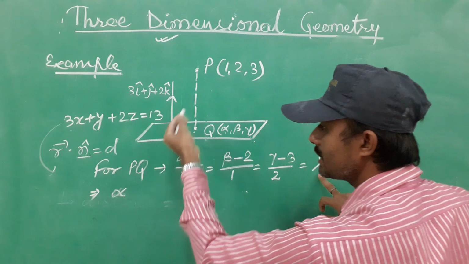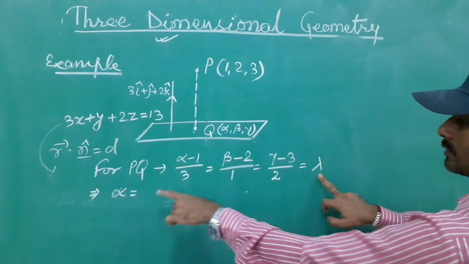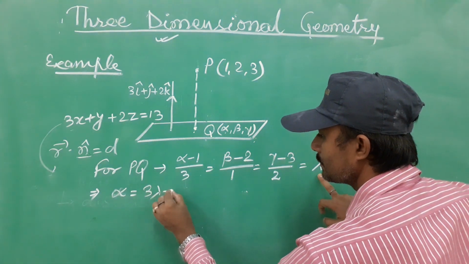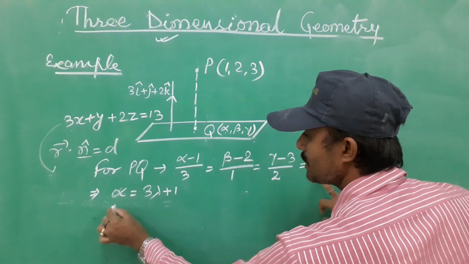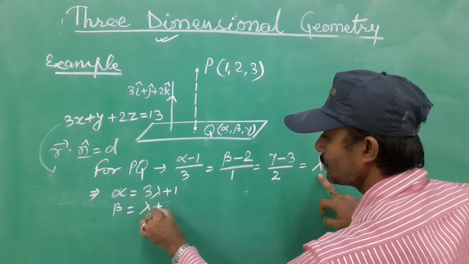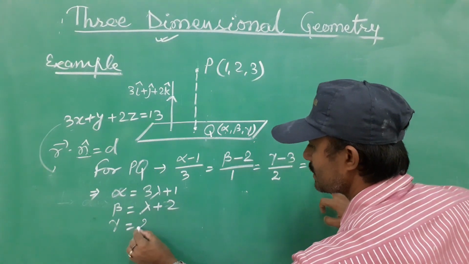Same thing we have completed in line also. Lambda equals, alpha equals 3 lambda plus 1. Then beta equals lambda plus 2. And finally gamma equals 2 lambda plus 3.